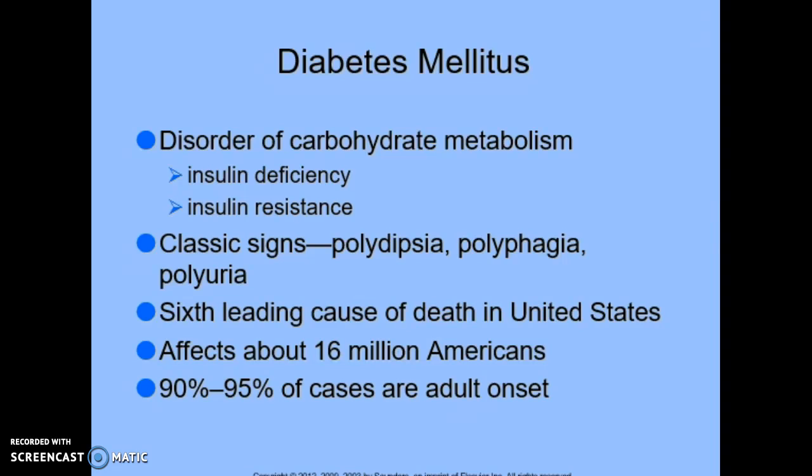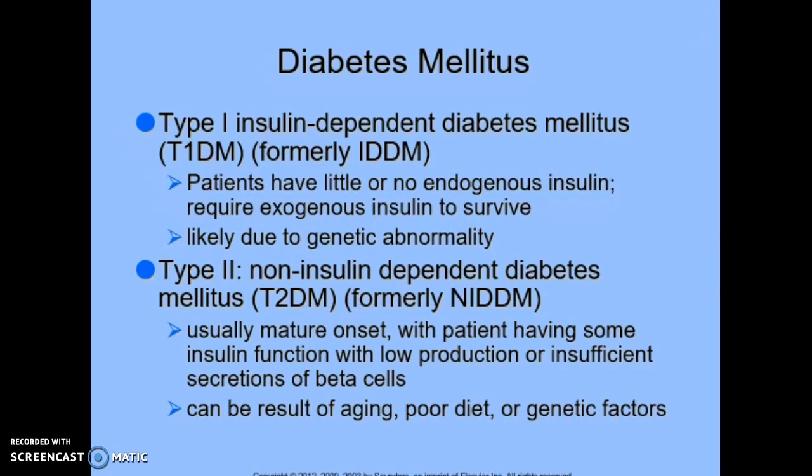So again, 90 to 95% of cases are adult onset, but we are seeing some increases in non-adult onset. So let's look at type 1 insulin dependent diabetes mellitus.